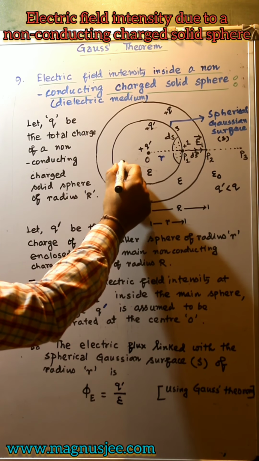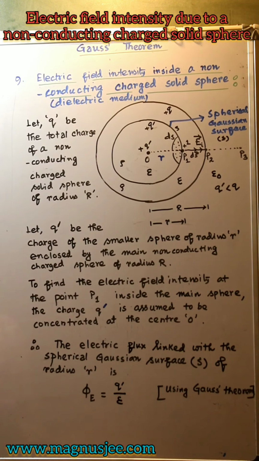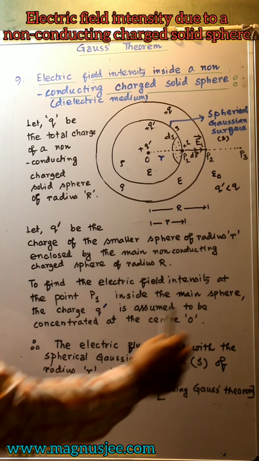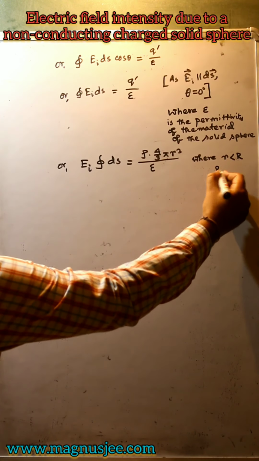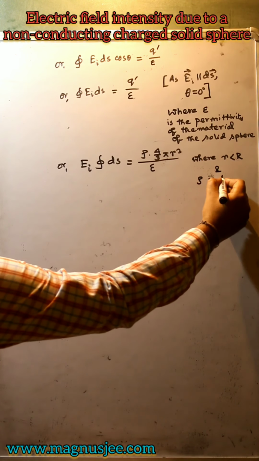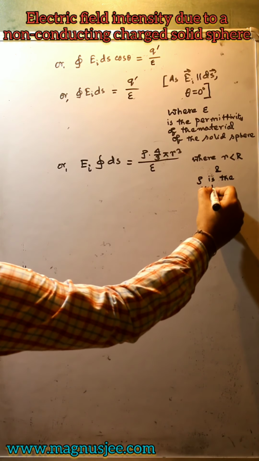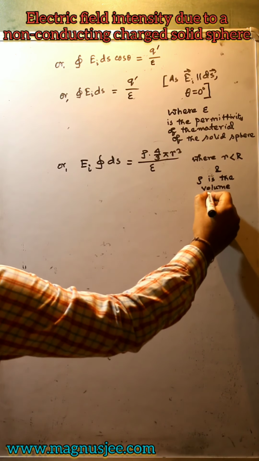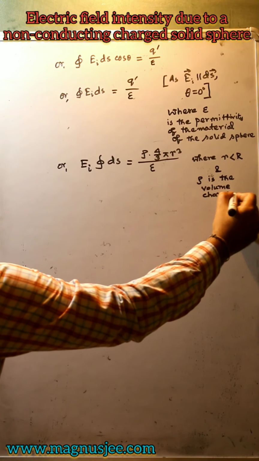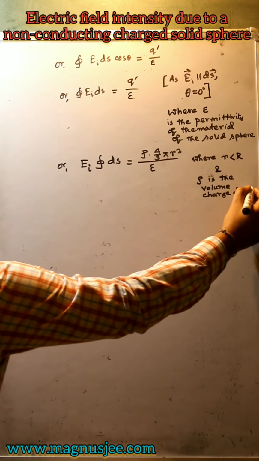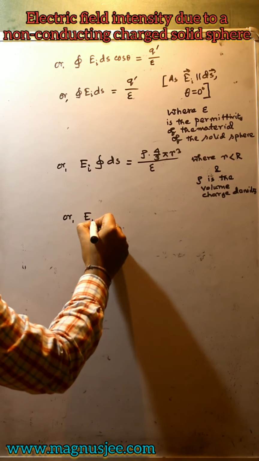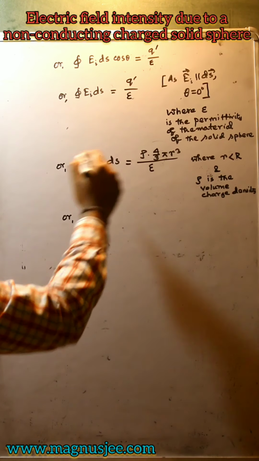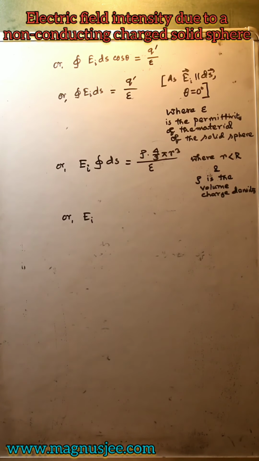Volume charge density is rho, and it is uniform. The closed integral of ds is the area of this Gaussian surface S of radius small r.